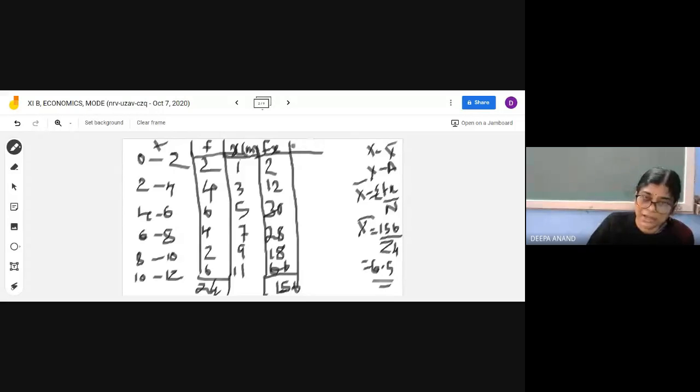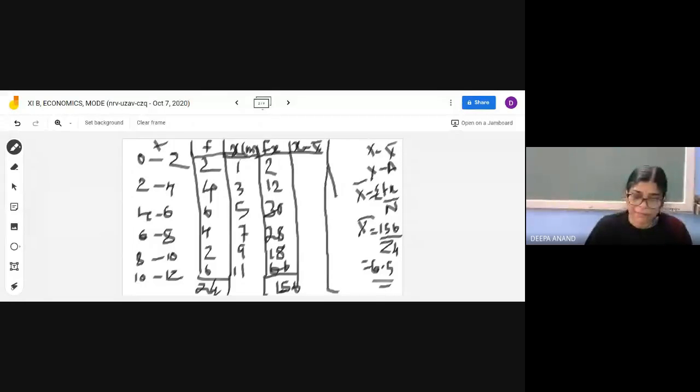Deviation means every x minus x bar. Dx, that is deviation. That means 1 minus 6.5, 3 minus 6.5, 5 minus 6.5, 7 minus 6.5, 9 minus 6.5, 11 minus 6.5.